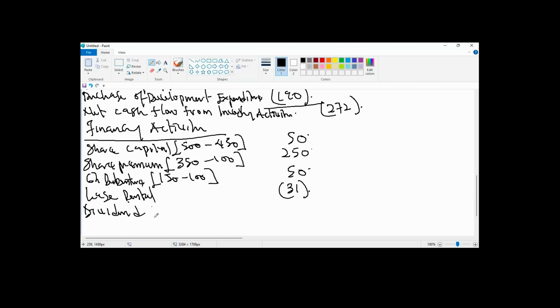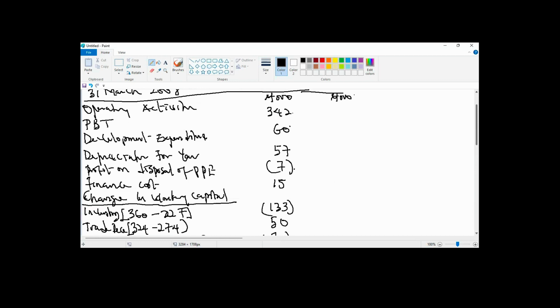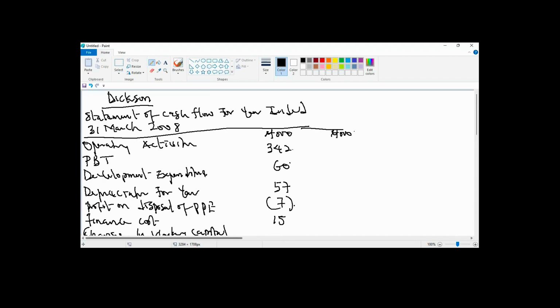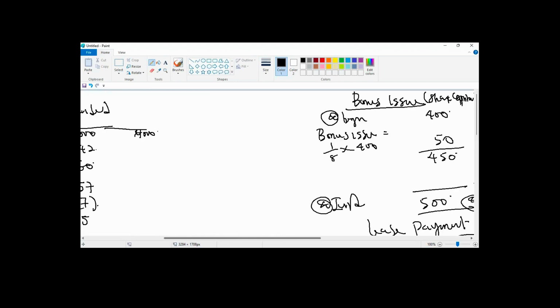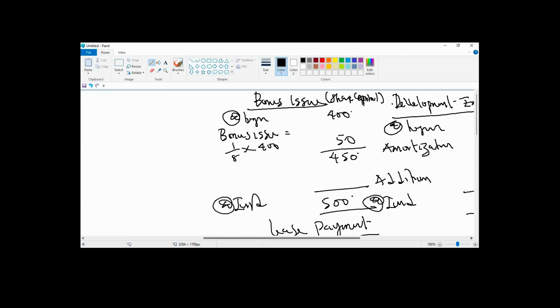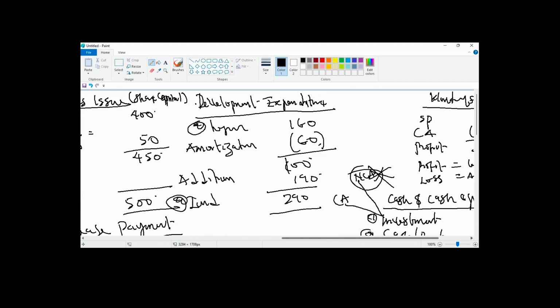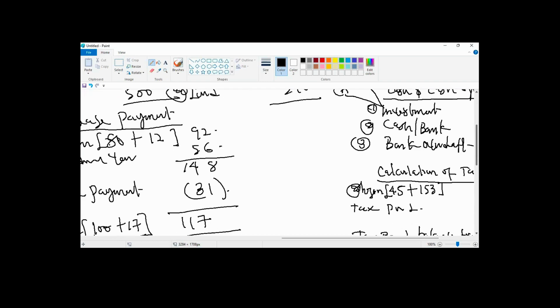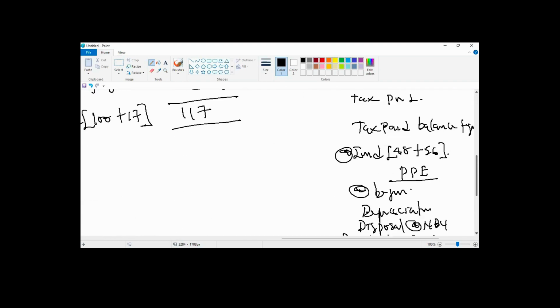Dividend paid. Who do we pay dividend to? Shareholder. I will now use the formula.